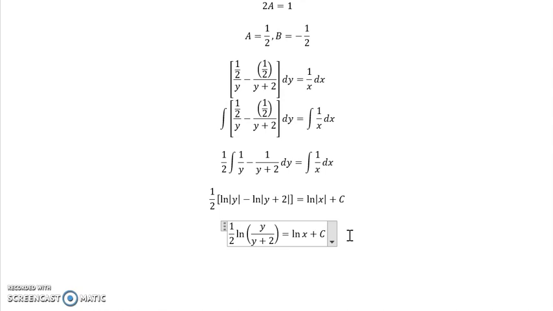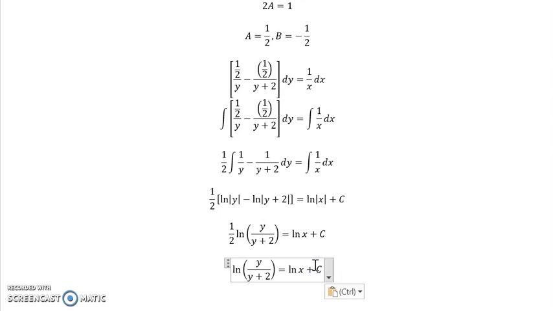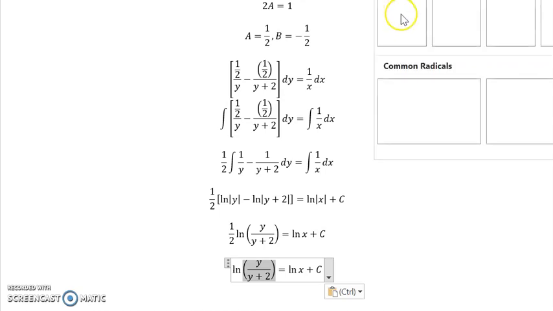And then the 1/2 power in front of the log on the other side then becomes a 1/2 power inside the log. And so this whole expression there gets put under a square root.